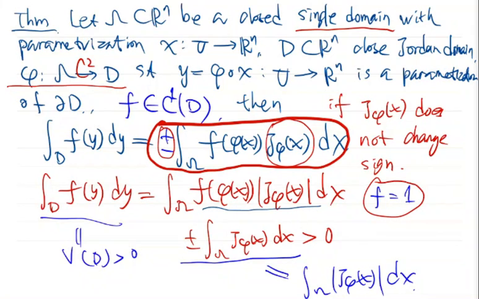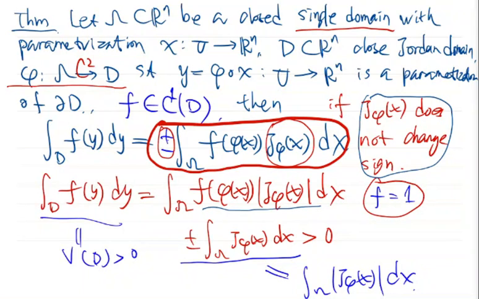But this is only true for the case that the Jacobian determinant does not change sign. If the Jacobian determinant does change sign, sometimes positive, sometimes negative, then you cannot absorb the sign in front of the right hand side integral into the integral.